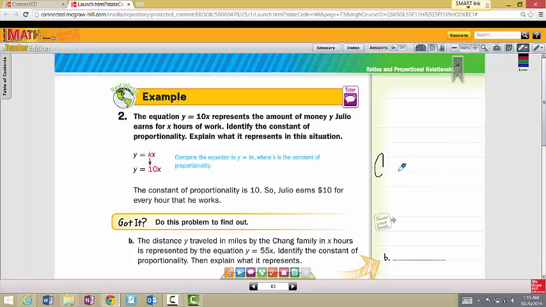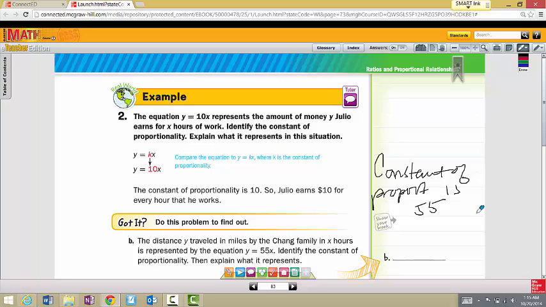Well, the constant of proportionality is 55, because that is what is with the x. What does 55 represent?